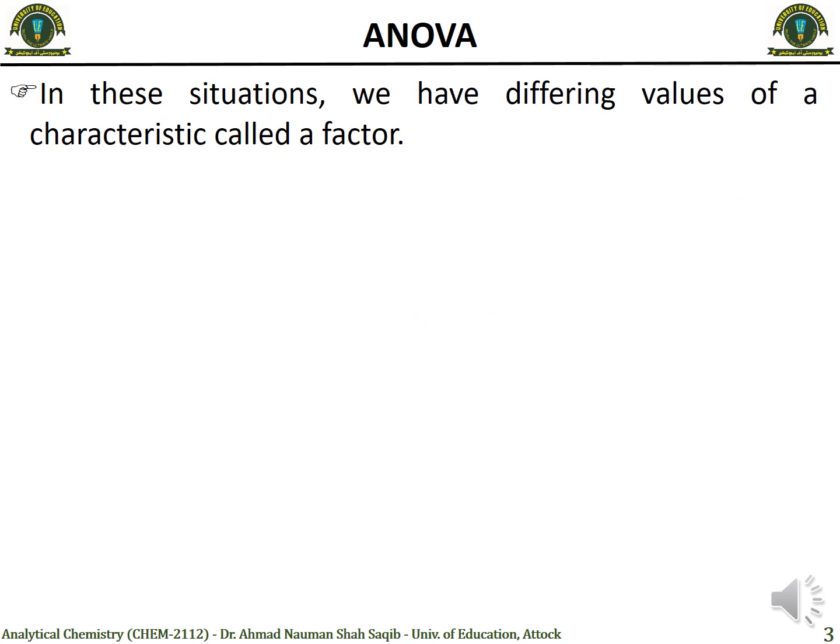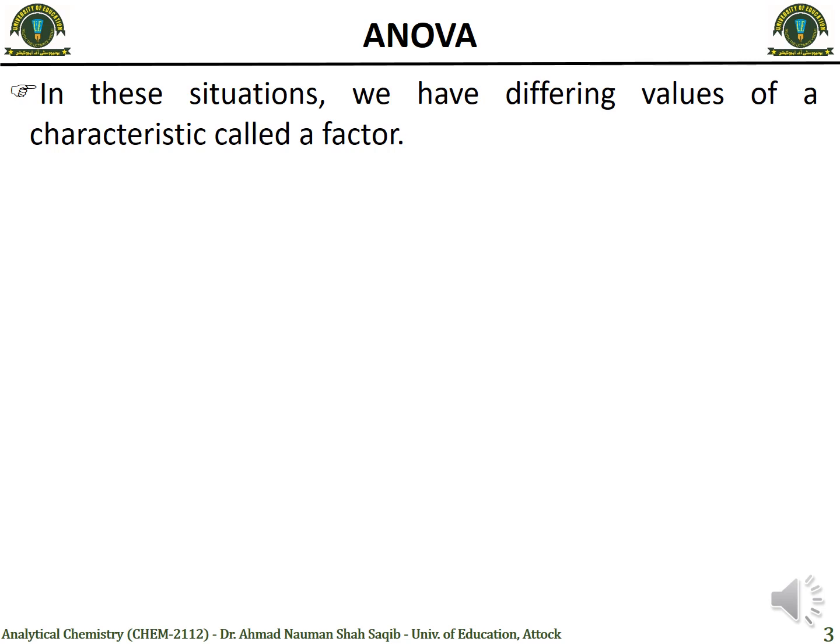In each of these situations, we have different values or characteristics which we are going to measure. For example, in the first example we have different analysts. In the second example we use different solvents.